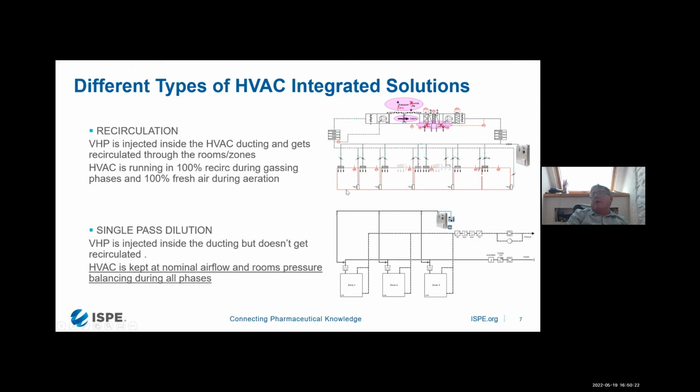for BSL, for example, we cannot have recirculation, or if we want to make recirculation, we have to create recirculation. It's going a bit against the rule of BSL. So the BSL is likely just single pass air in the volumes. The reason for that is to not recirculate any contamination.